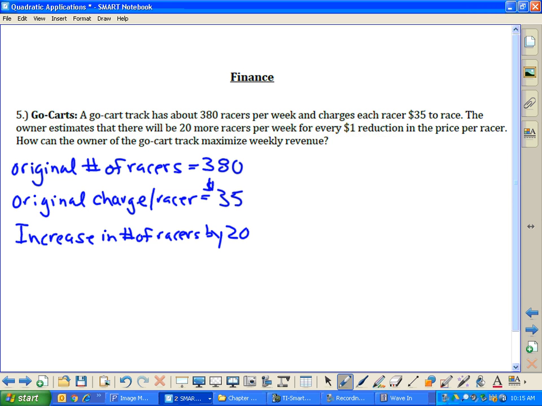And when does that happen? When we decrease the price by $1. So those are things that we know.